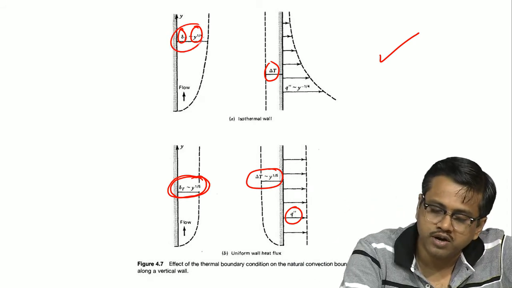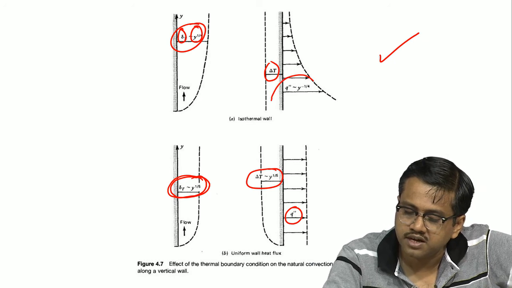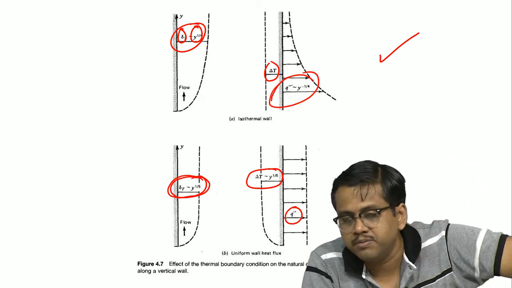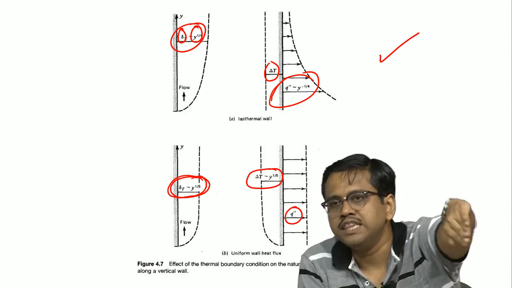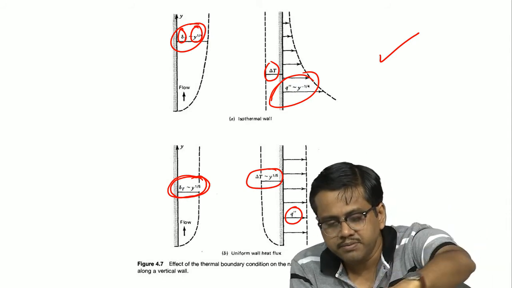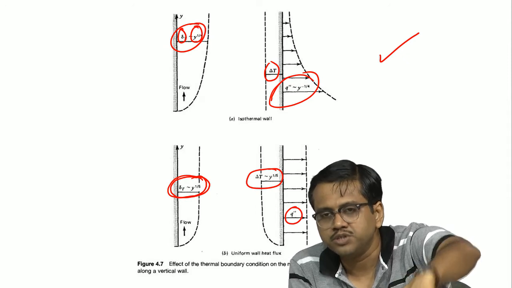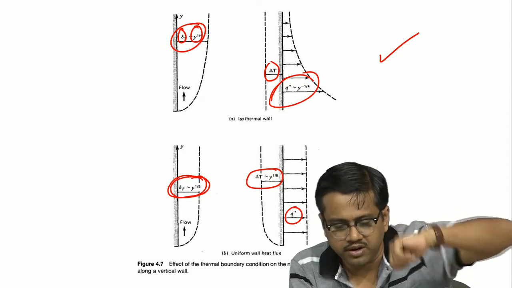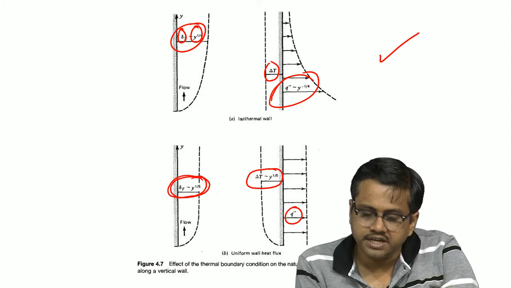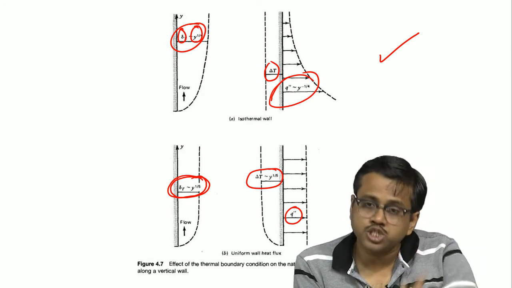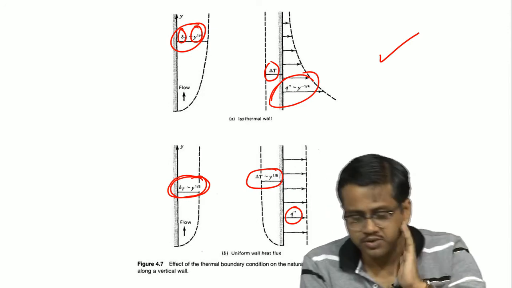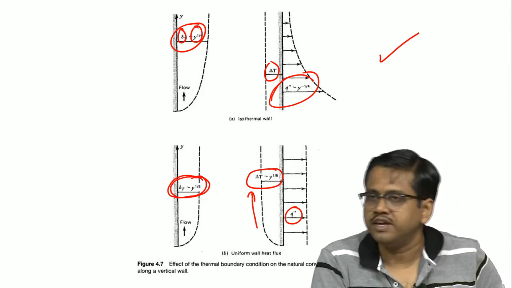Here of course, it was 1/4, and here the q double prime depended as y to the power of minus 1/4. That means it shows that exponential nature of this decay, because it is a power law. So, y to the power of minus 1/4 is like a power law. Here of course, the temperature increases, but at a scale which is y to the power of 1/5. That means the slope is not that sharp. That is why you have a more flattish type of profile.